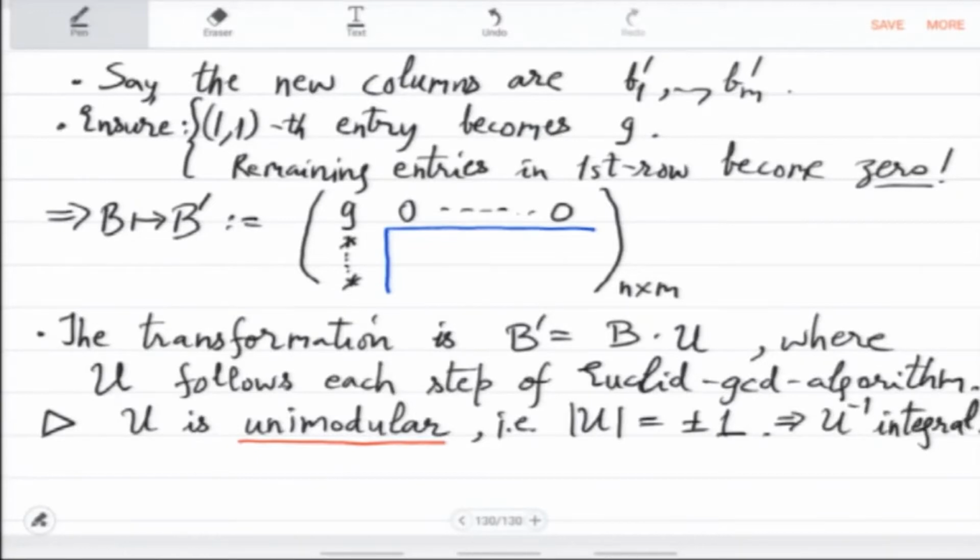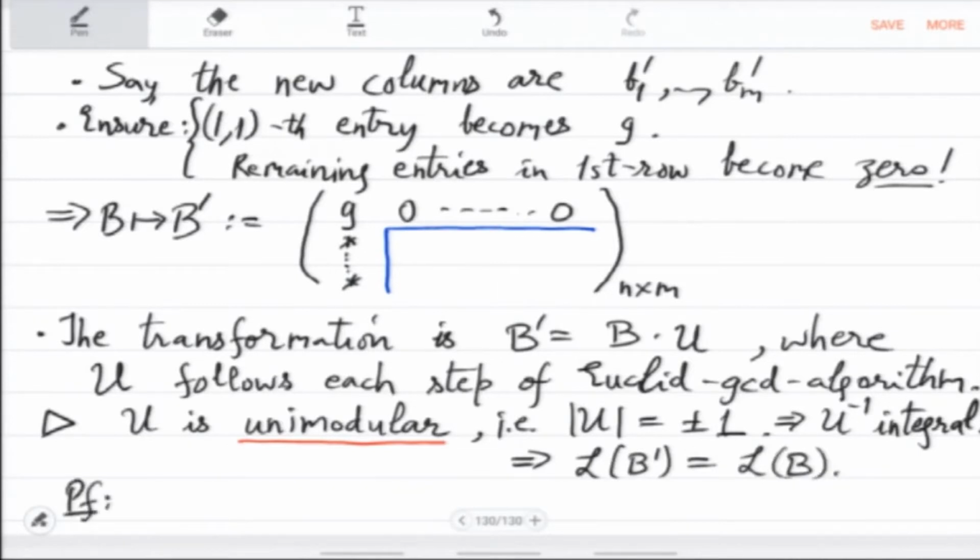Once we show this, you can see that the lattices of B prime and B are the same, because the matrix you are applying has an integral inverse too. So any integral combination of columns of B corresponds to something in B prime and vice versa, because you can multiply B prime with U inverse. So this implies that the lattice generated by B prime is the same as the lattice generated by B.